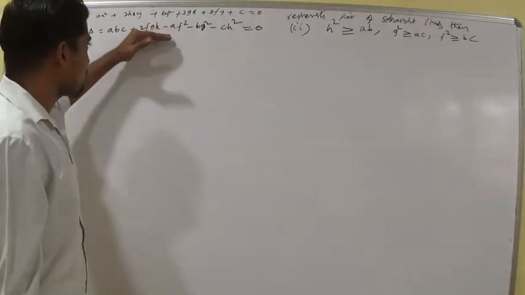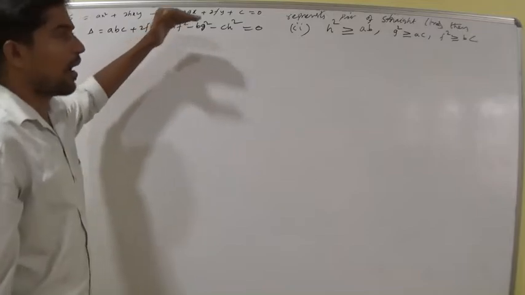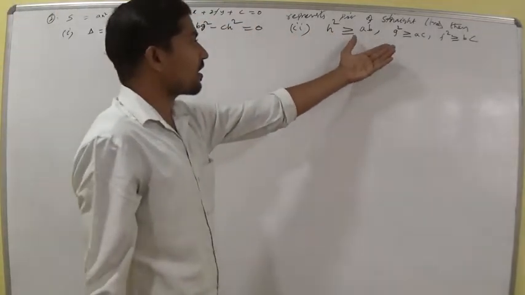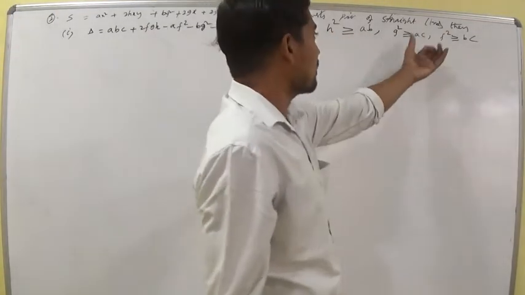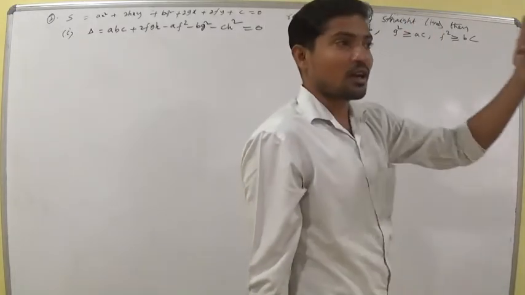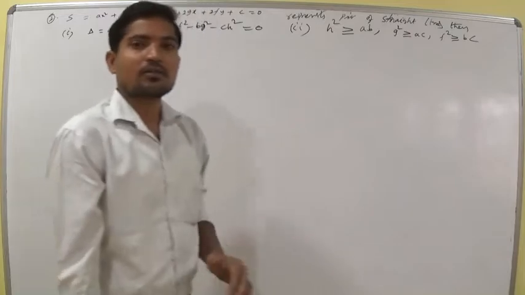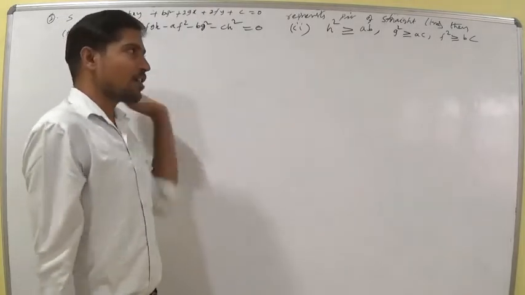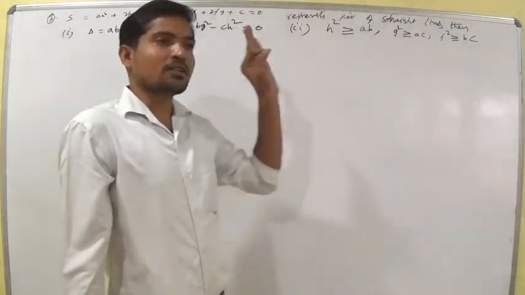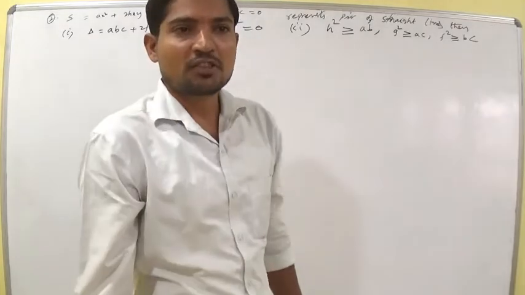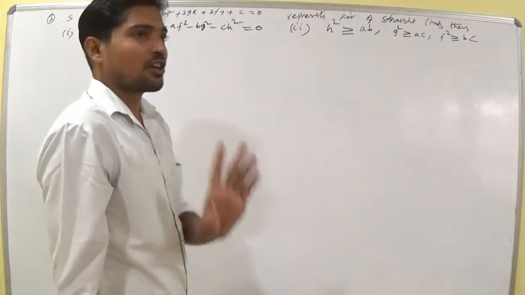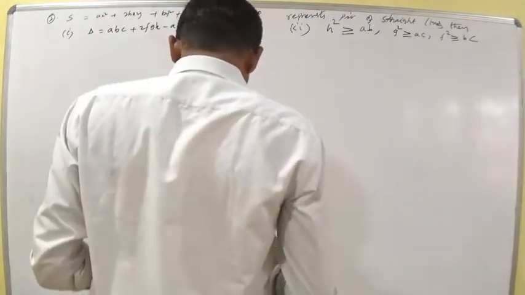The first one we have to verify is delta is equal to 0, and the second one, h square greater than or equal to ab or not, g square greater than or equal to ac or not, f square greater than or equal to bc or not, we have to verify. It has to satisfy all these conditions, then only it represents a pair of straight lines. So next one.